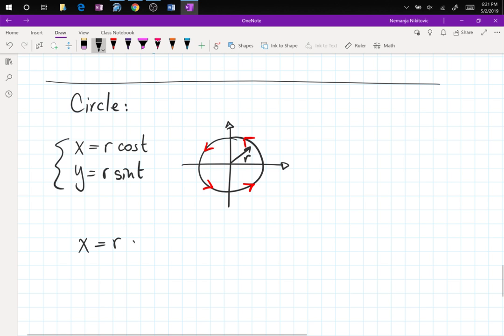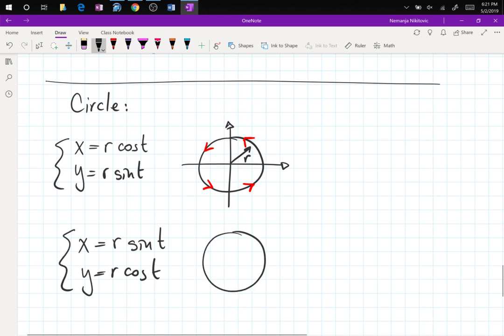Yes, x equals r sine t, y equals r cosine t as a parametric set is the same circle, except now orientation is the other way.